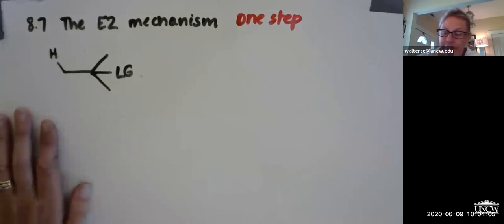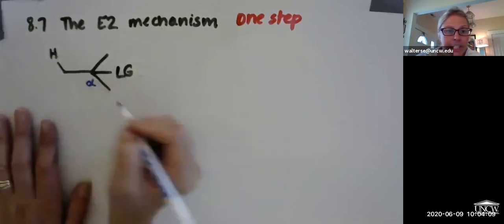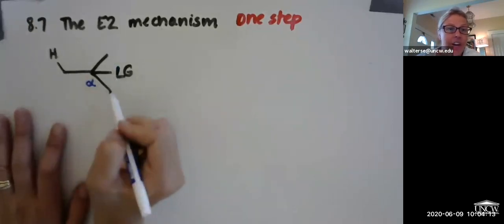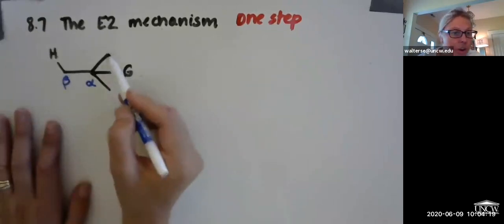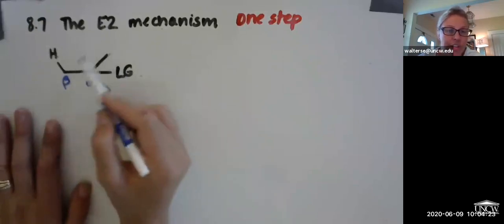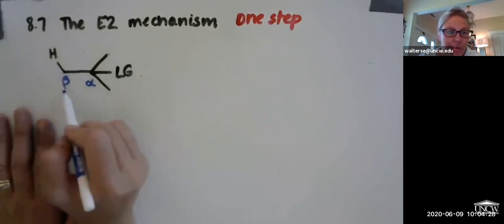The carbon with the leaving group is alpha. The carbons that are next door are beta. So you could draw your hydrogen up here, you could draw your hydrogen over here. They're all equivalent beta positions, but I'm just using over here so I have a little bit more room.